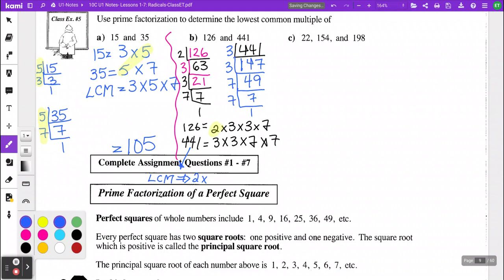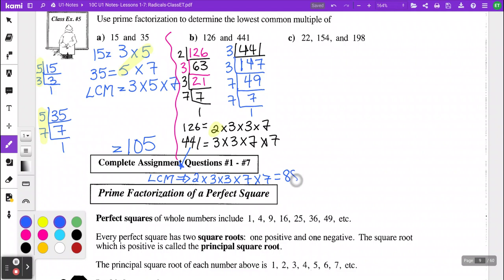That means I have to use both 3's. Okay, and now I take a look at how many 7's I've got. So 7's, I've got minimum 1 7, but I need to take the maximum amount. So I'm going to use both 7's. And we're going to write a little rule for this in a moment. So that's going to give us 882.